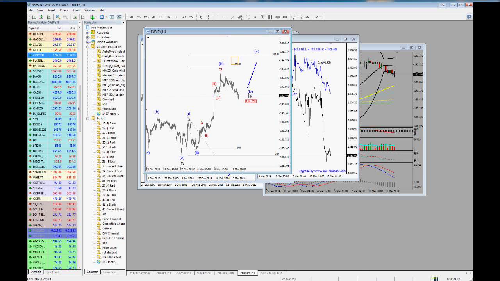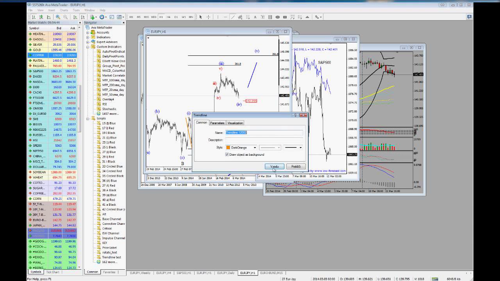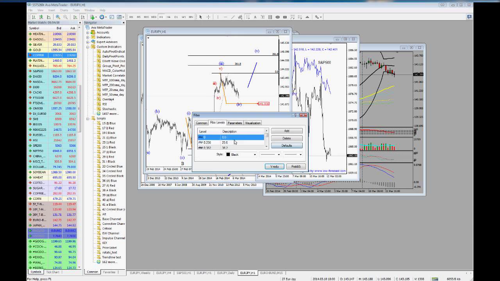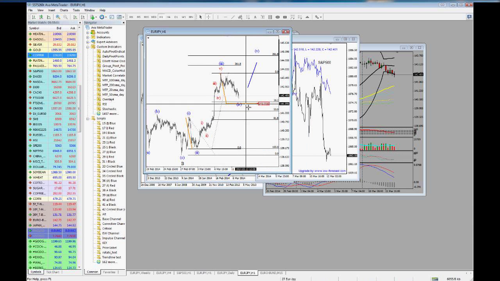But from a trading perspective, this is quite a nice deep pullback. Still, you can see equality for wave 4 comes in at 141.90, and then also the 38.2% retracement comes in at 141.142.